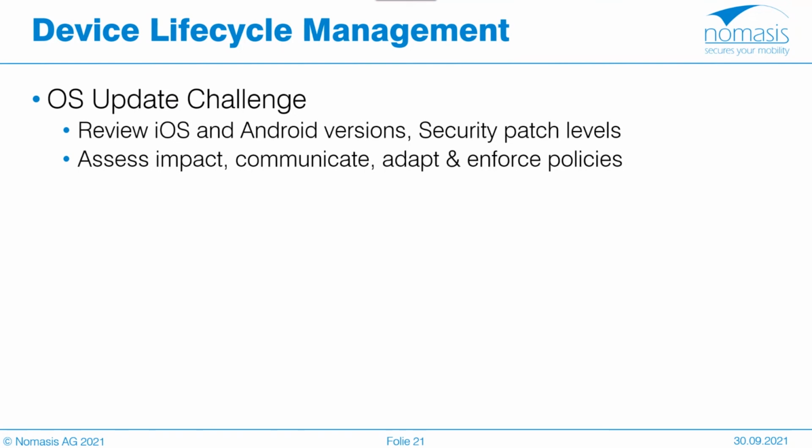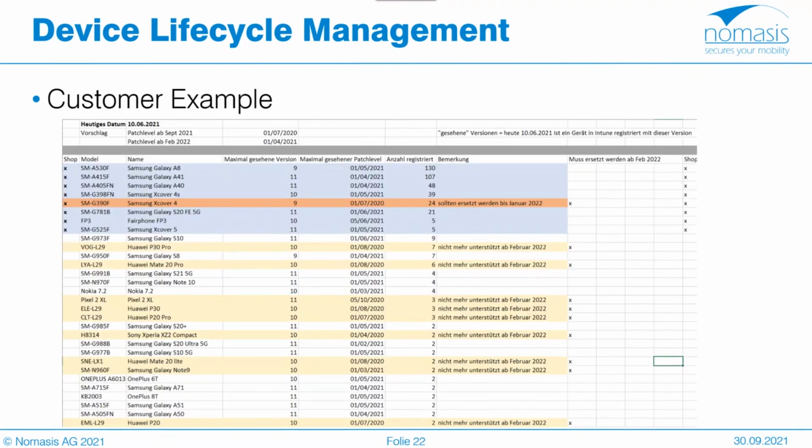One small example from a customer where we did this in spring for Android. They have an internal shop where you can order Android devices, and we checked whether they have to be replaced or to which patch level we can adapt our settings without excluding a huge number of devices.